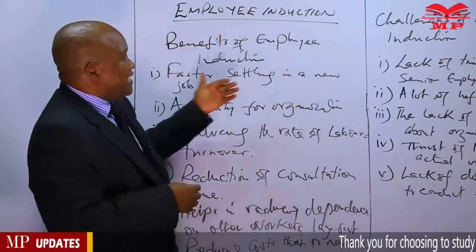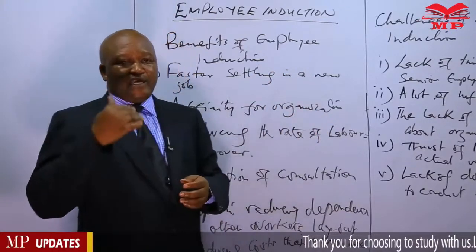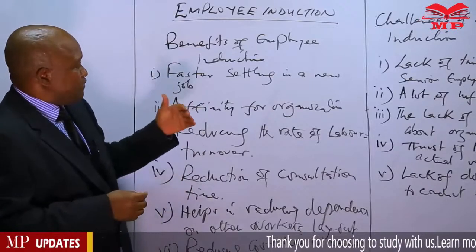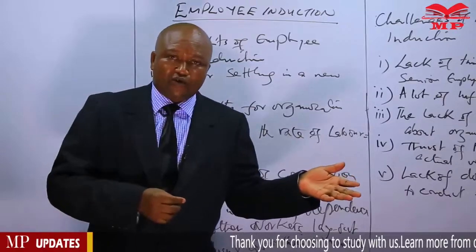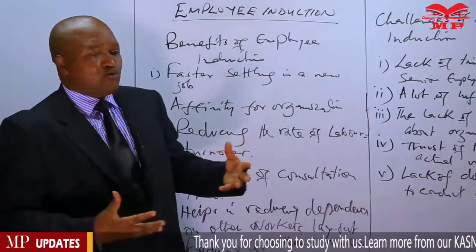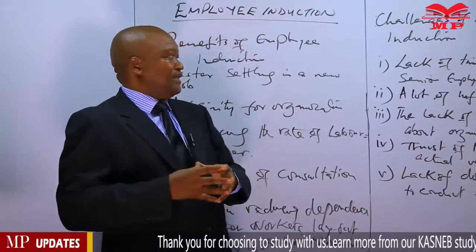This process has areas that employees are supposed to be taken through, and these areas are supposed to be mapped out clearly. There would be benefits through the induction program where employees can settle down very quickly within their roles. They can also have some affinity and affection towards the organization.